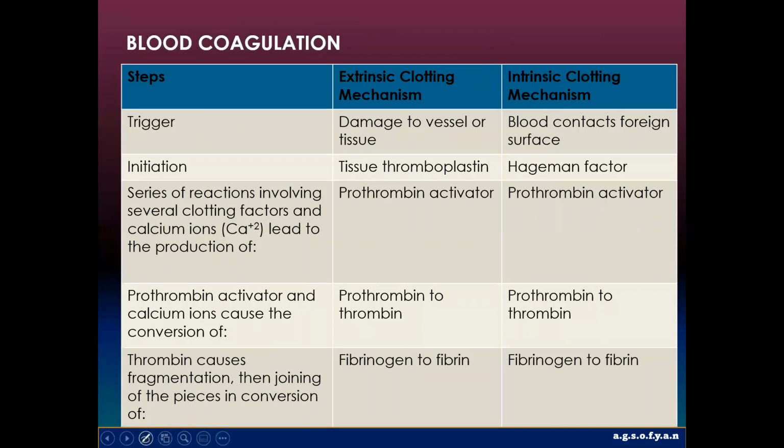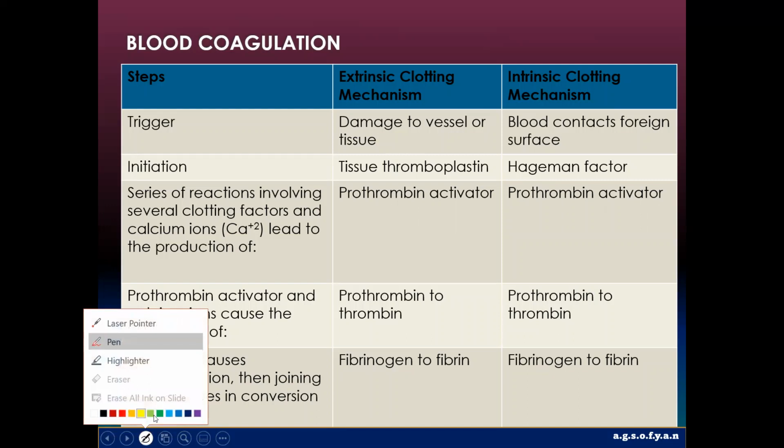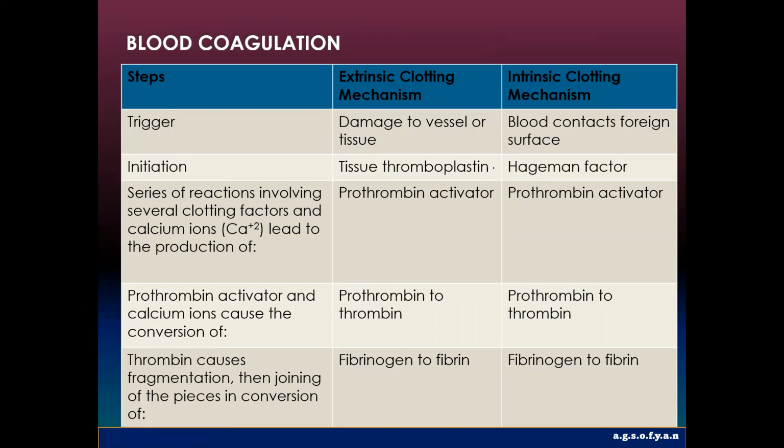If we compare the extrinsic factor and intrinsic factors, the trigger for the extrinsic factor is usually broken blood vessels, so damage on the blood vessel will trigger these extrinsic clotting mechanisms. For the intrinsic, there is no blood vessel broken.